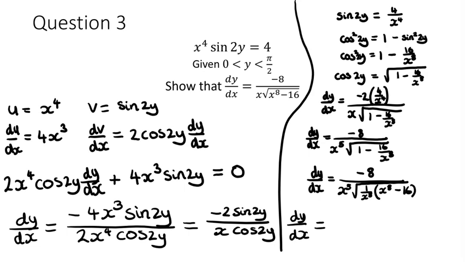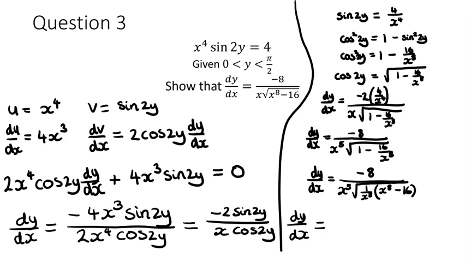Because using the laws of surds, square root of a times square root of b is the square root of a times b, I can separate this out into square root of 1 over x to the power of 8 times the square root of x to the power of 8 minus 16.